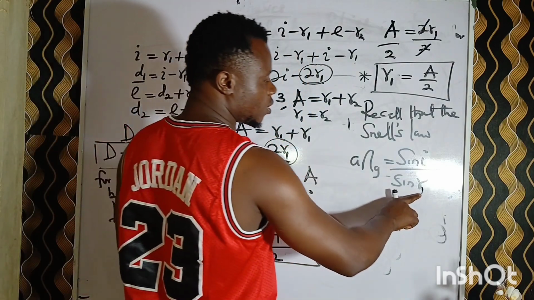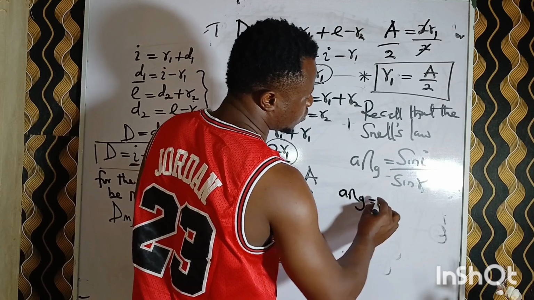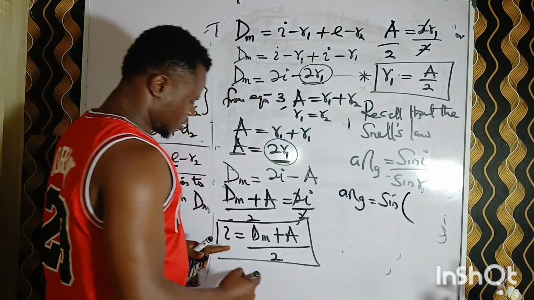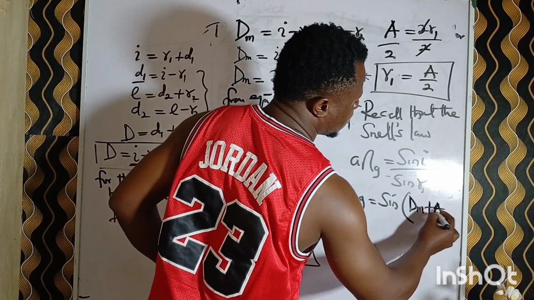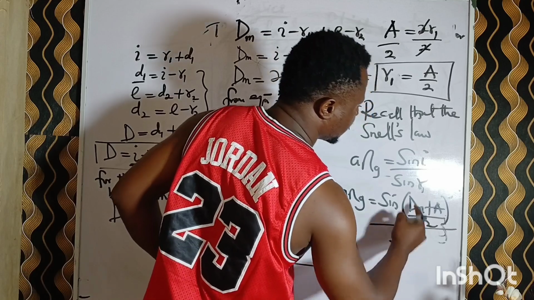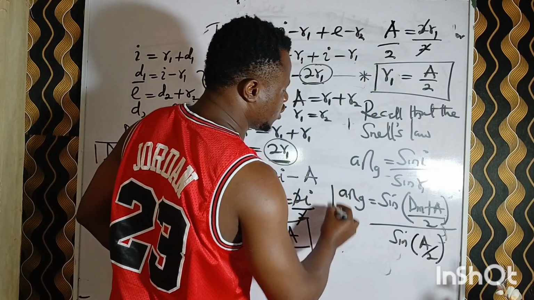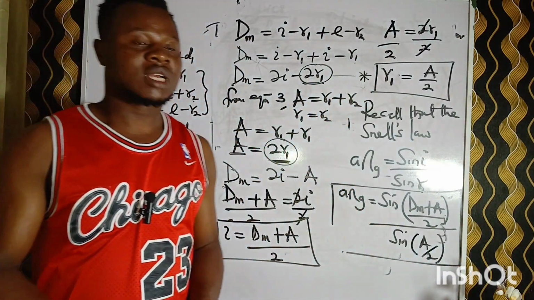Incidence goes with I, and refraction goes with R1. So air to glass is equal to sine of our I, which is now seen as dm plus A over 2, all over sine of your R1, which is equal to A over 2. So this becomes the refractive index of a triangular prism.